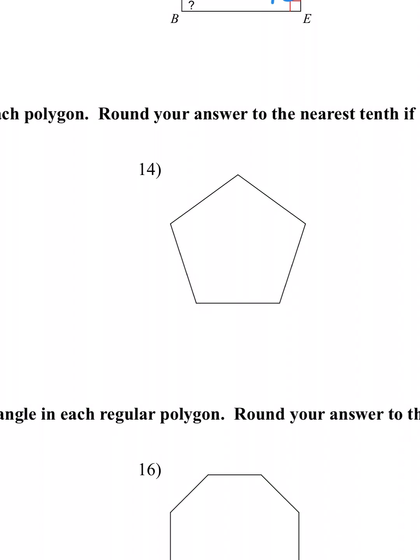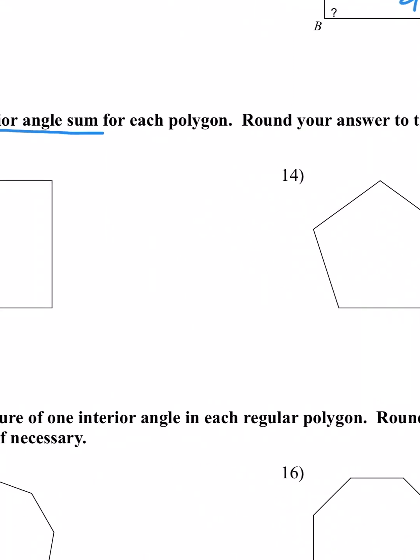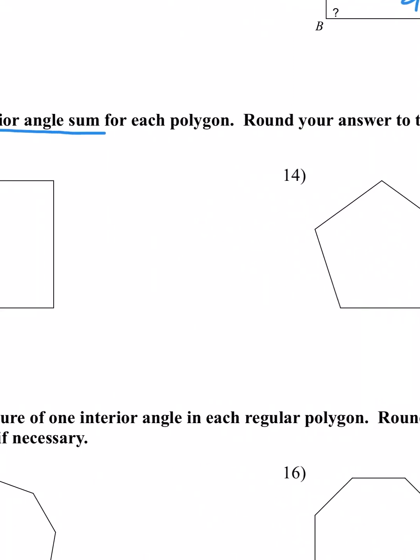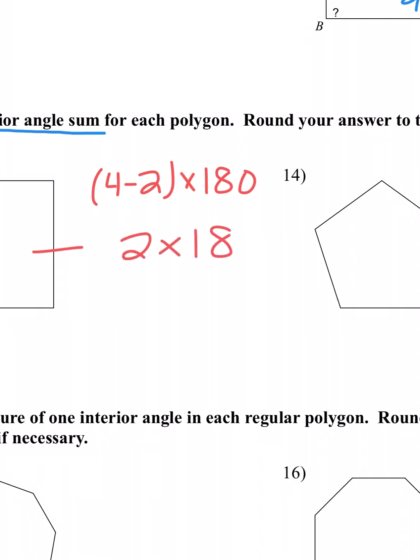Because that's what you have to do first. Okay? What does that N stand for? Number of sides. 13 has 4 sides. So I just plug it in, yes? So we take 4 minus 2 times 180. What do I do first? 4 minus 2 is 2 times 180, 360.